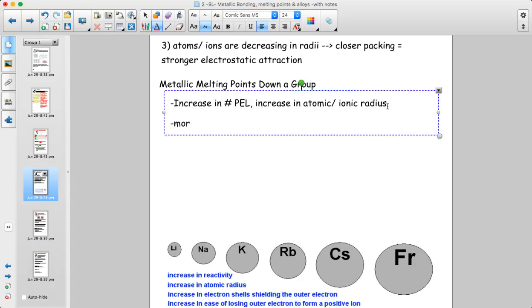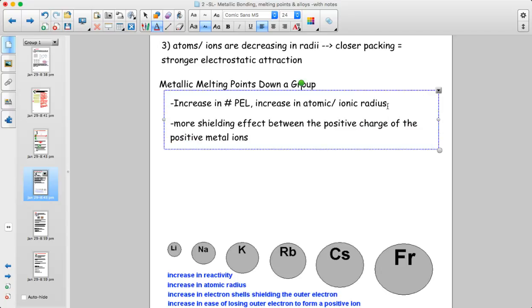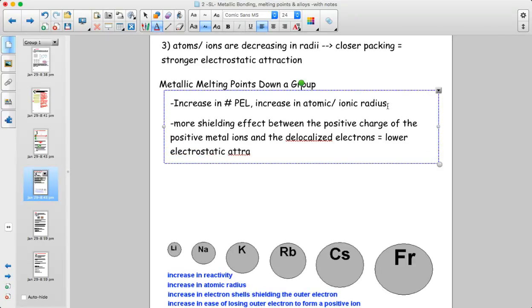So there's more shielding between the positive charge of the metal ions and the delocalized electrons, and that equals a lower electrostatic attraction, or weaker metallic bonds.